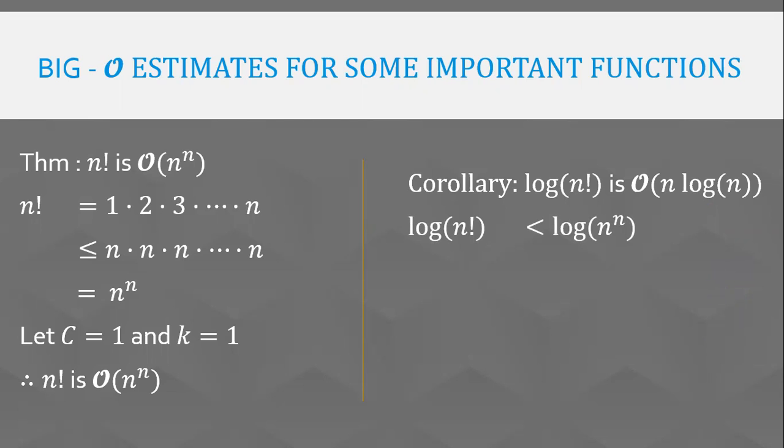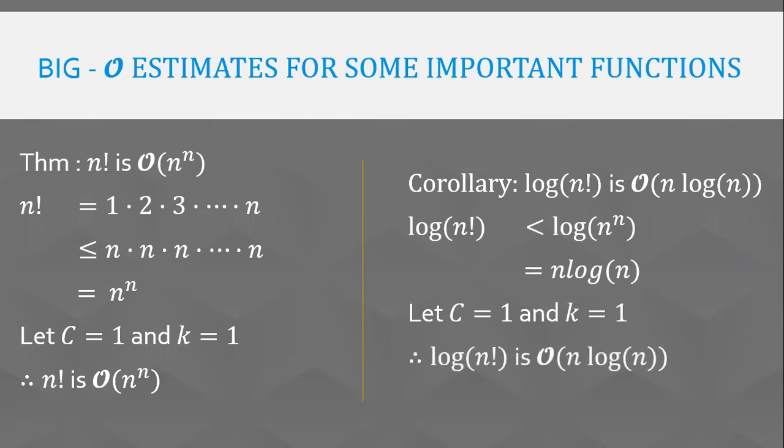From the work I showed just a moment ago, we know that log n factorial is less than log n to the n. My logarithm rules bring that exponent down to the front. So let my c be 1, my k be 1. Therefore, log n factorial is big O n log n.